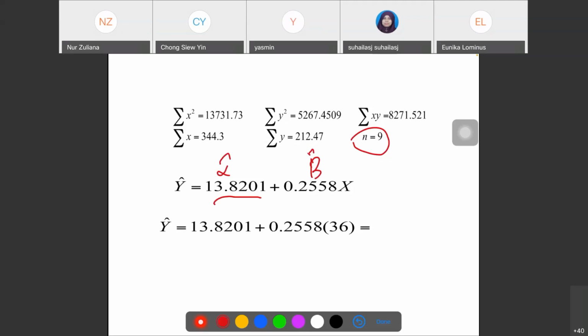So second part, you want to estimate when your X is 36. When your X is 36, you want to predict what is the value for Y head. So that means Y head equals 13.8201 plus 0.2558 times 36. So you find a new value for that.